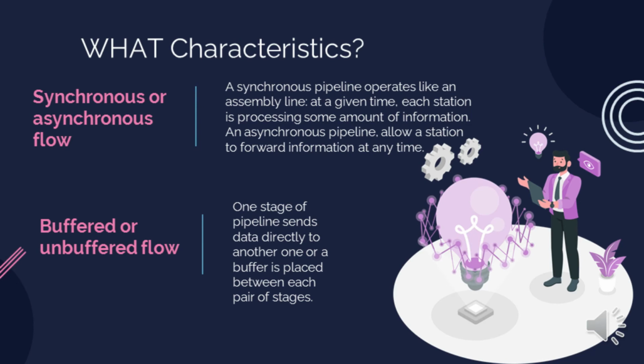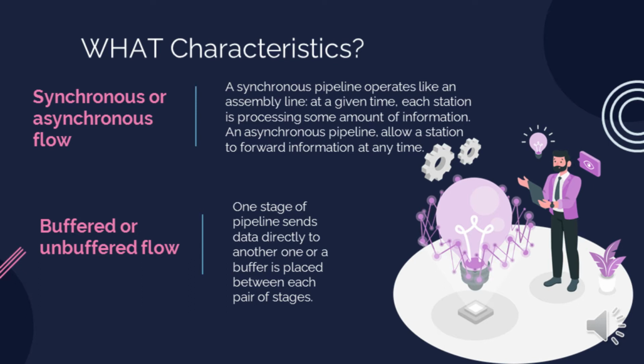Synchronized or asynchronous flow. A synchronized pipeline operates like an assembly line. At a given time, each station is processing some amount of information. An asynchronous pipeline allows a station to forward information at any time.